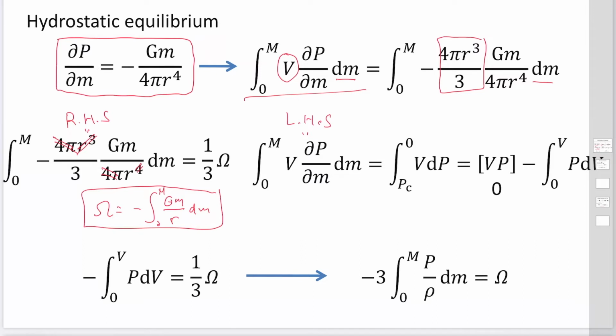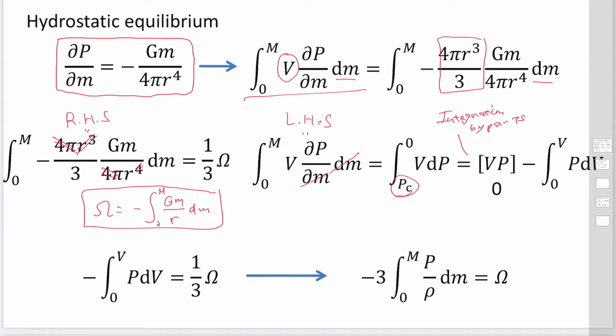Then you are going to apply integration by parts. At the center, P_c is the pressure at the center.